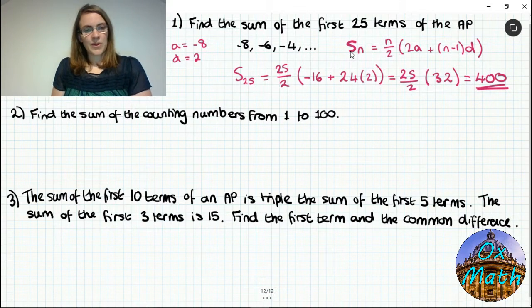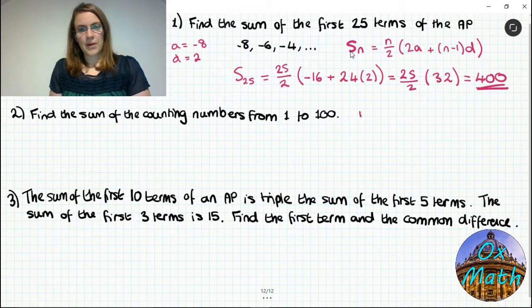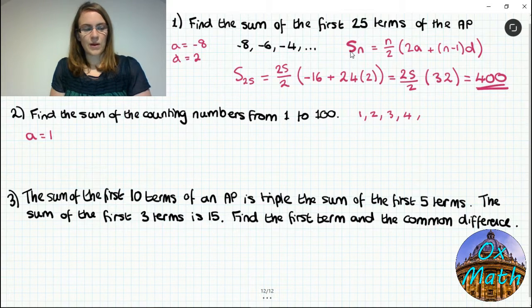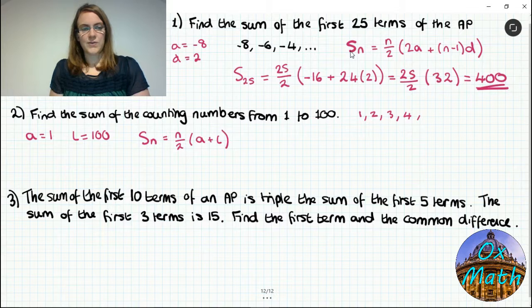So number 2, the counting numbers, remember, is just an arithmetic progression with a difference each time of 1. So in this case, we already know that a is 1, we already know that our last term, L, is 100. So I'm actually going to use the sum formula in the first format that we derived, which was n over 2 times the sum of the first plus the last.